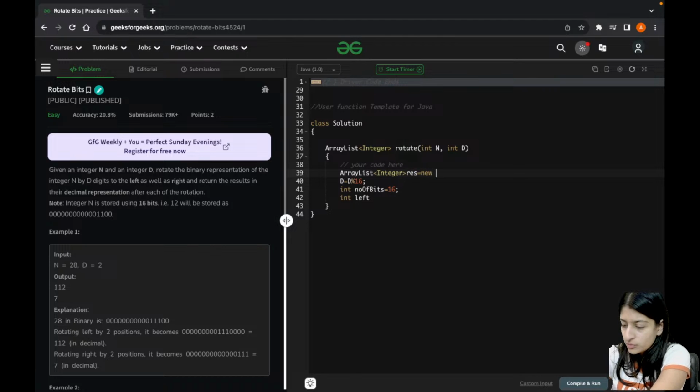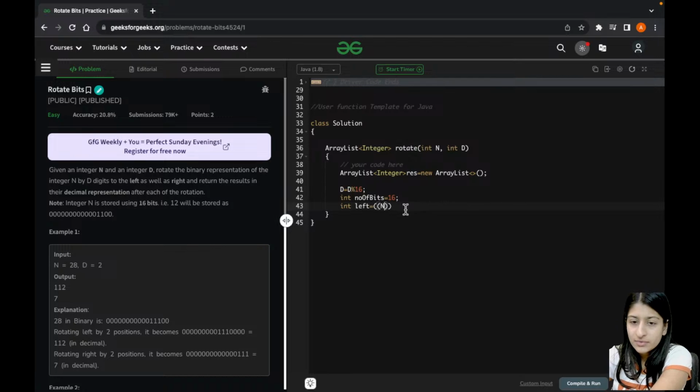Result is new ArrayList of integers. One will be your left answer, the other one will be your right answer. So int left will be equal to this capital N left shifted by D.